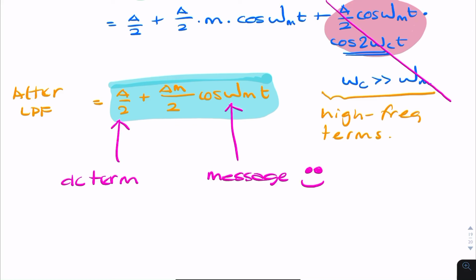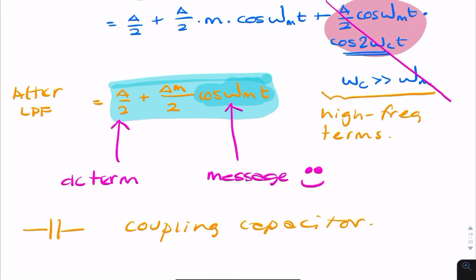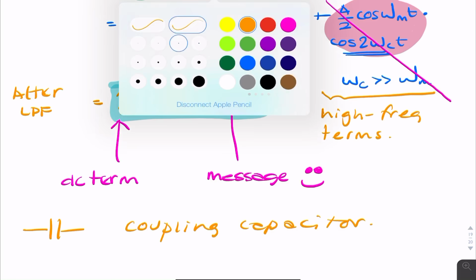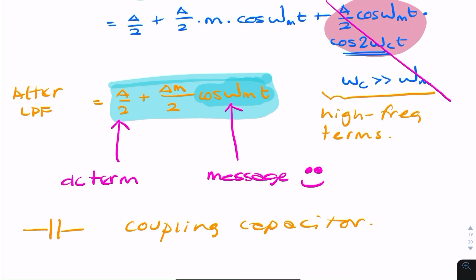We can block it using a coupling capacitor if we wanted to, but it's harmless. So our original message is this bit here, and we've been able to recover that. Now notice that our message is actually multiplied by m, our modulation index.